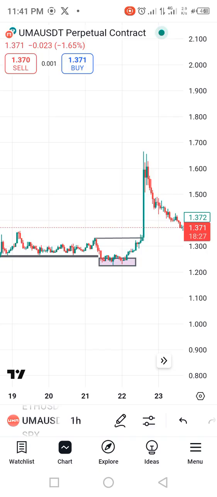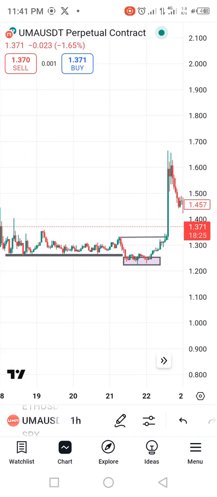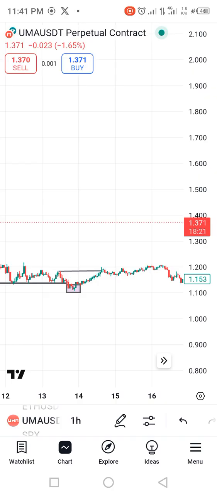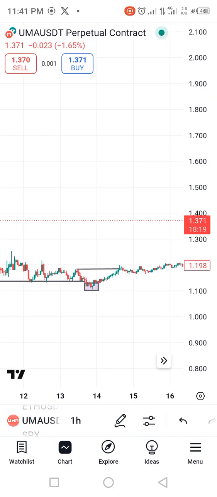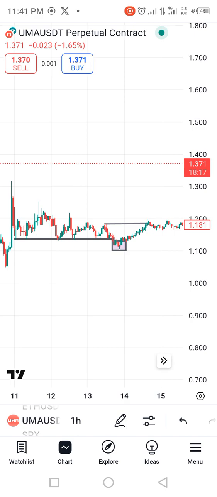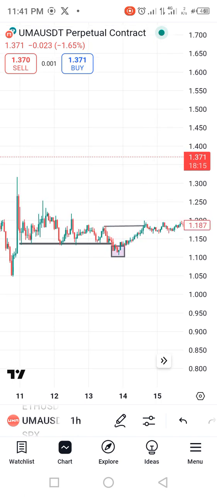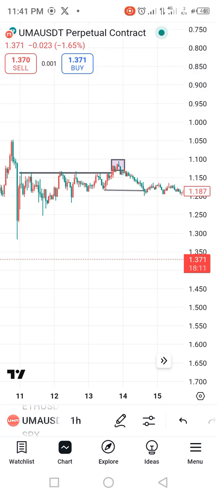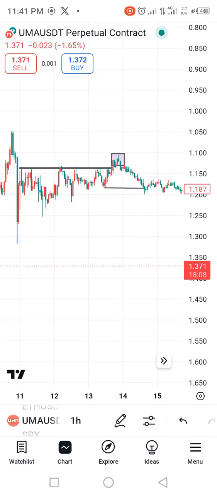Now, the same thing goes also when the market is about to sell. This is what it looks like when the market is about to sell.